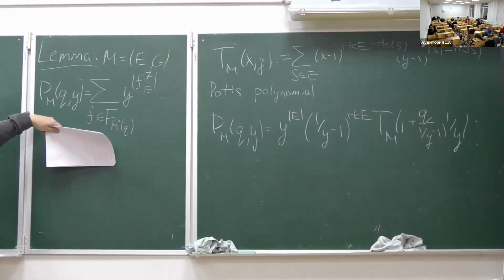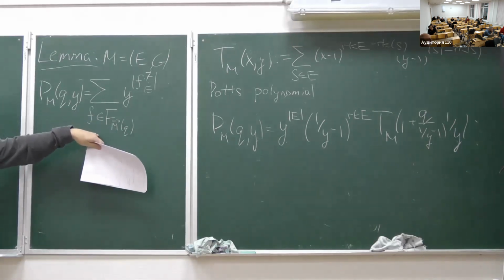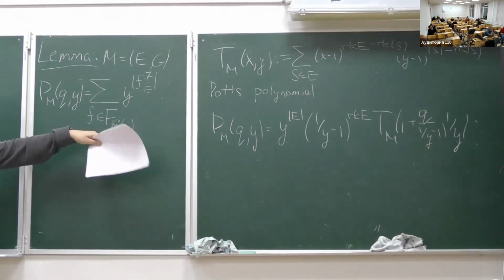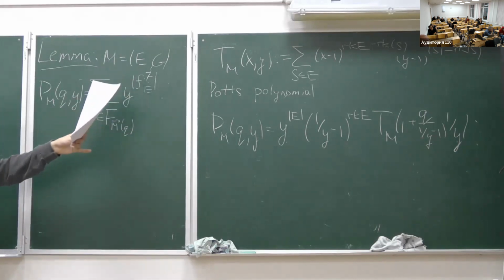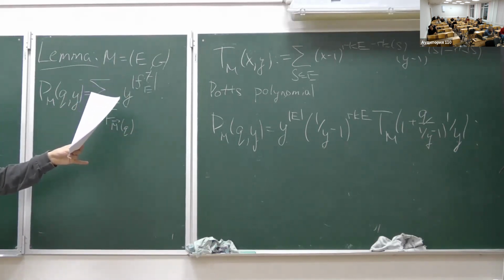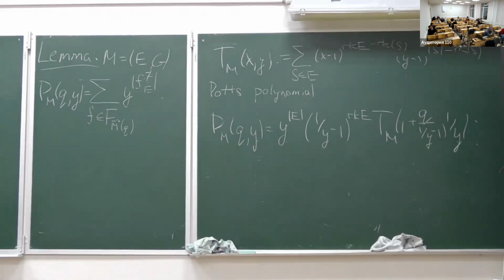So the lemma says that the Potts polynomial equals the sum over all Tutte flows of y to the power, by analogy with the previous, the number of edges on which the Tutte flow does not take the value 0.